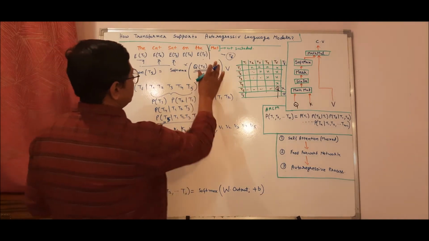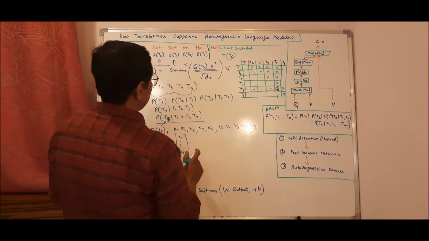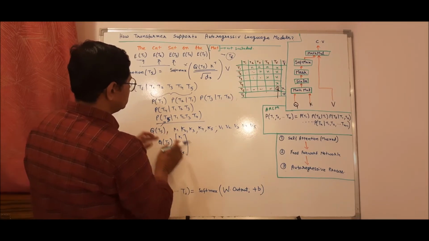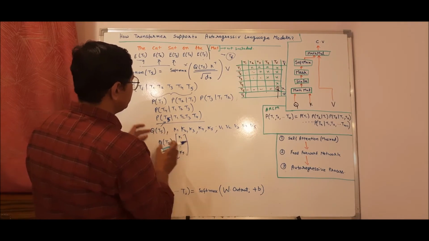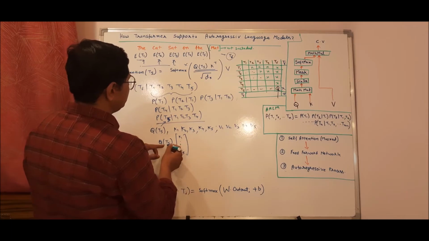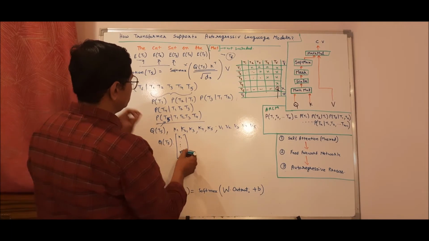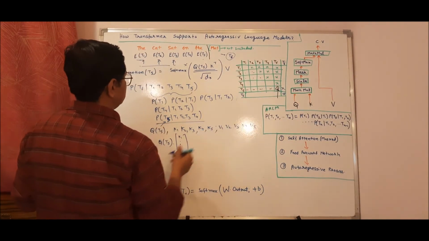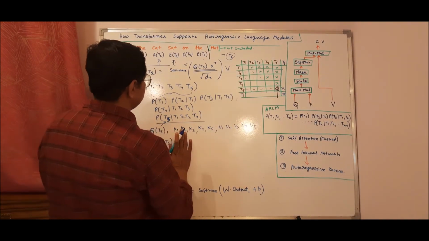This way we will calculate the dot product. This will give how similar or semantically important or close T5 is with respect to all these words in this context. So this way it will calculate.